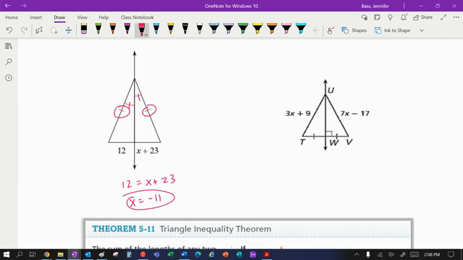And because the opposite side is bisected and it's perpendicular, we know that this point is equidistant from T, and it's equidistant from V, which means that 3x plus 9 equals 7x minus 17. Cancel out the smallest x first, so subtract 3x from both sides.